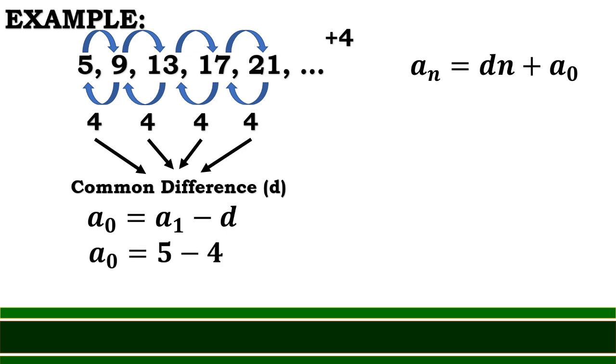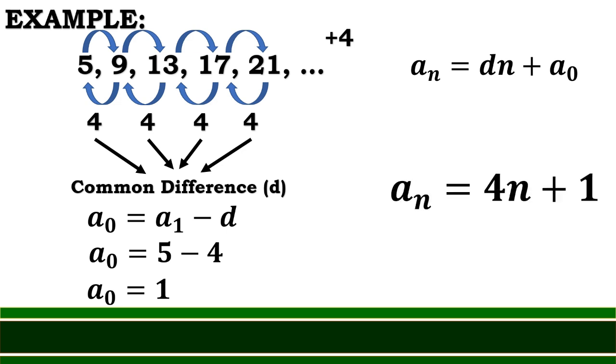So a sub 0 will become 5 minus 4. 5 minus 4 will give you positive 1. So it means the general form for this sequence is you have 4n plus 1. 1 here is your a sub 0, and 4 is the common difference from the given sequence.